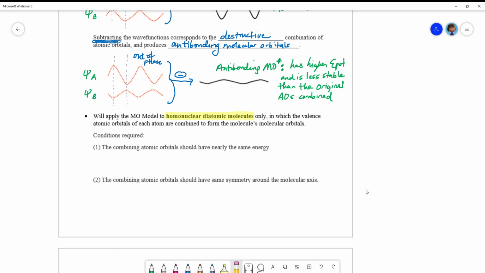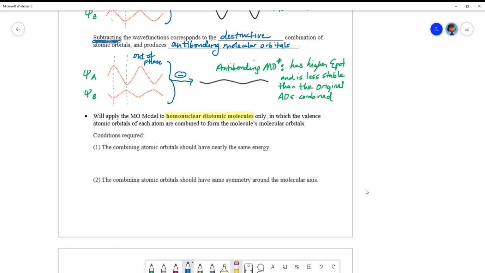Now, when we combine valence atomic orbitals together to form molecular orbitals, there are certain conditions that must be met. The first condition that must be met is that the combining atomic orbitals should have nearly the same energy, either identical energies or almost identical energies.